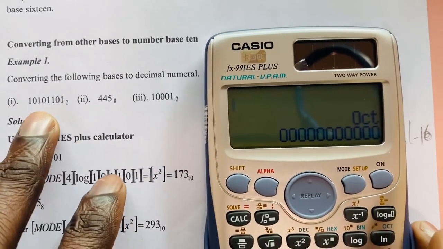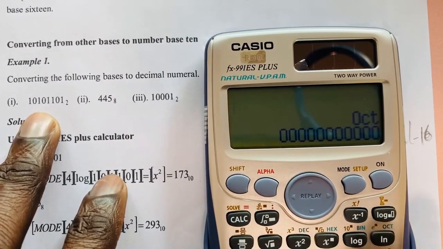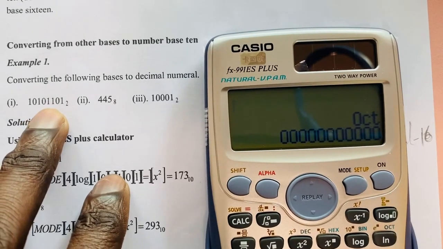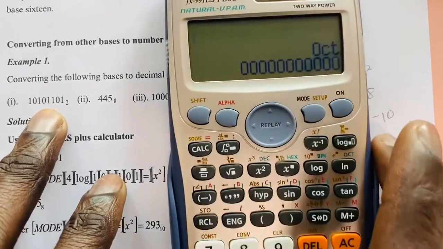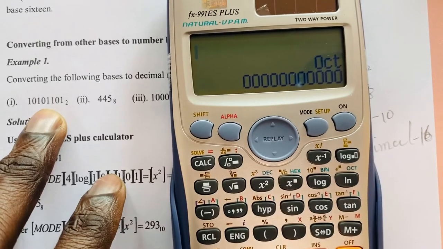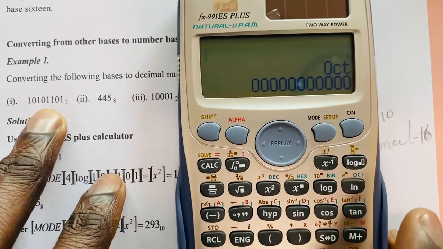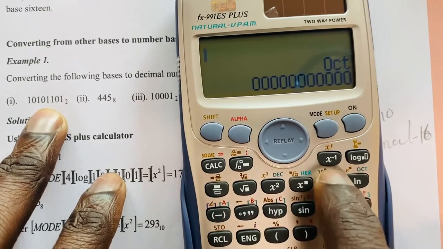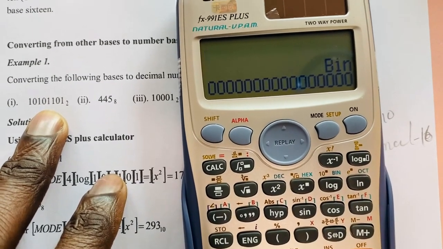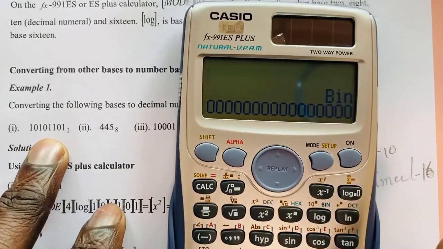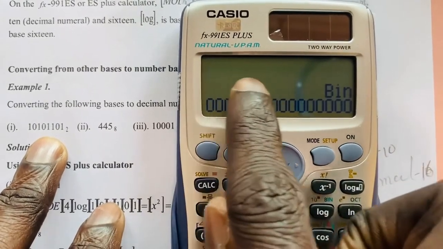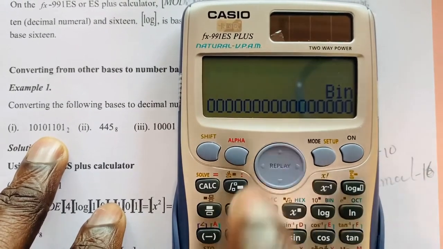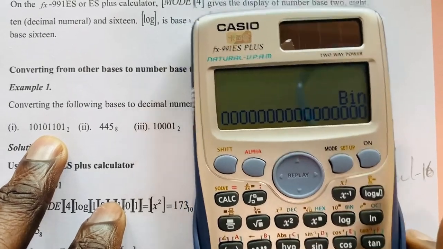So what we have to do is go to the function where we can access base 2. We go here, as we have base 2 here, and we activate base 2. Now this display gives you the chance to enter your values for the operation.